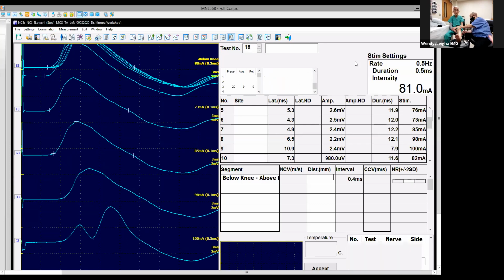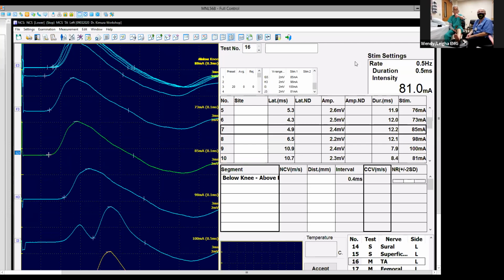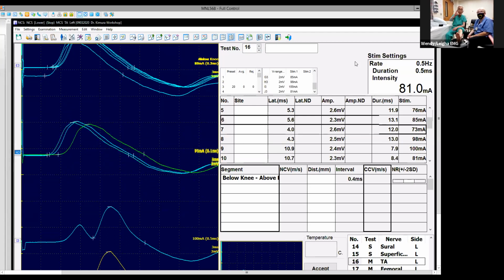This was not a very good record, but I think the jump is between the first two and the next. So if you superimpose, this was not a very good run, but you can tell that there's the jump between the first two or three and then the next one.